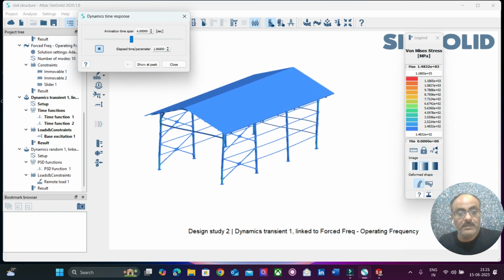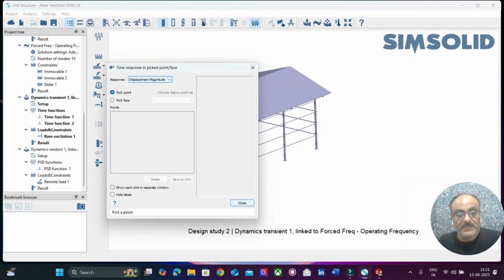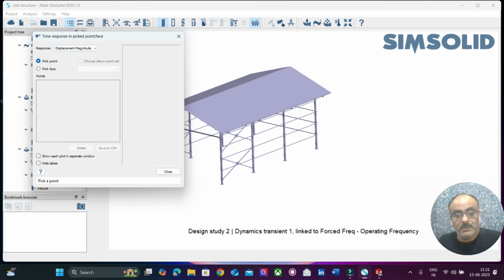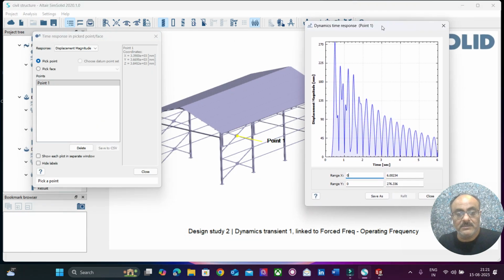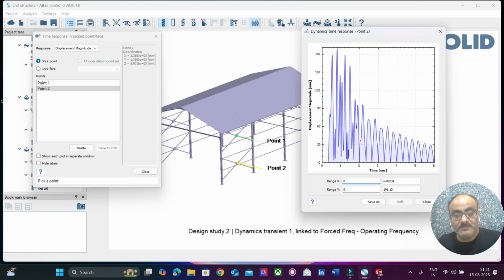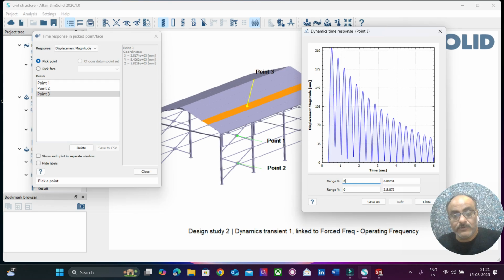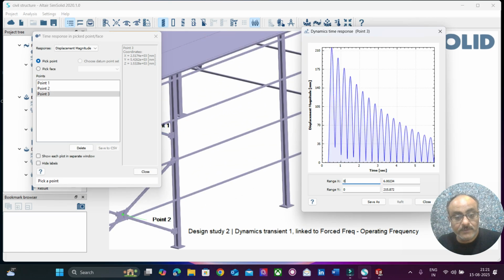Let's find out for this particular function. Now let's see the displacement factors. This is how the displacement is. Now let's take this point and let's take the roof. And now let's take this I section.